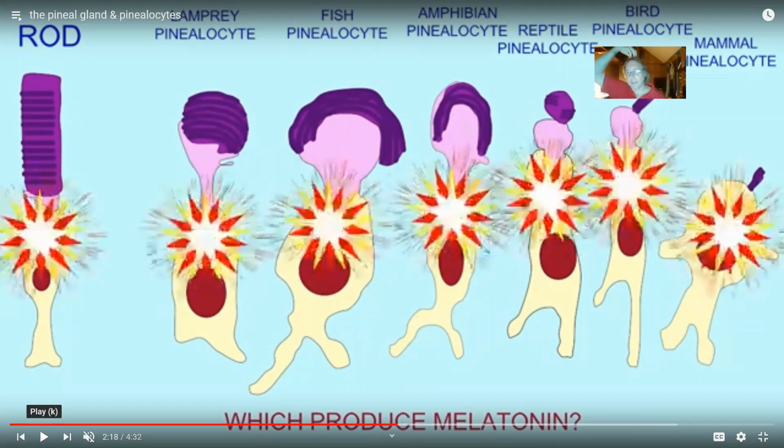And there was a hole in the parietal bones right above the pineal gland, so light came into the skull directly. And so there are a lot of similarities between the pinealocytes and rods in the eye. They can both make melatonin, although rods only make it for a locally acting purpose. But they can also respond to light.